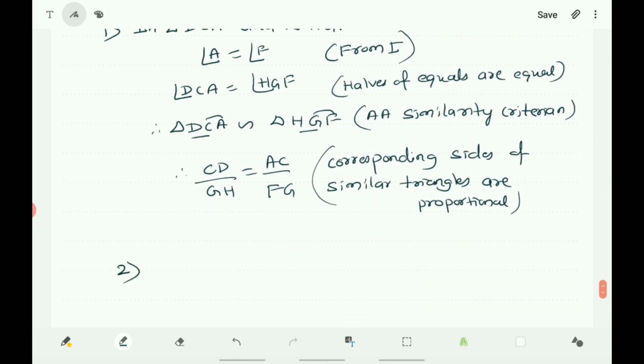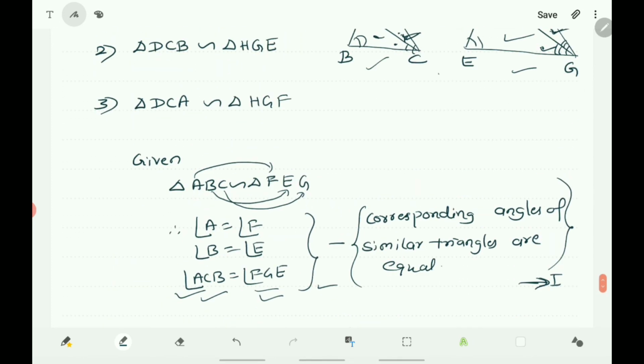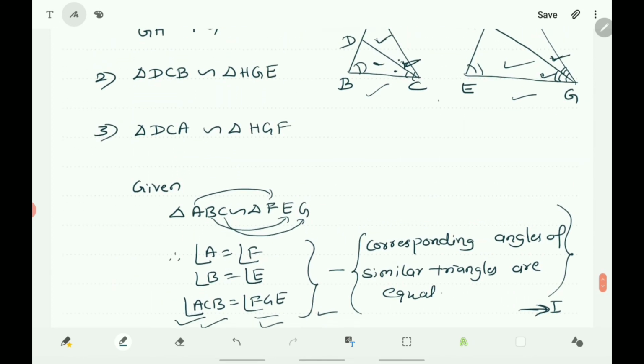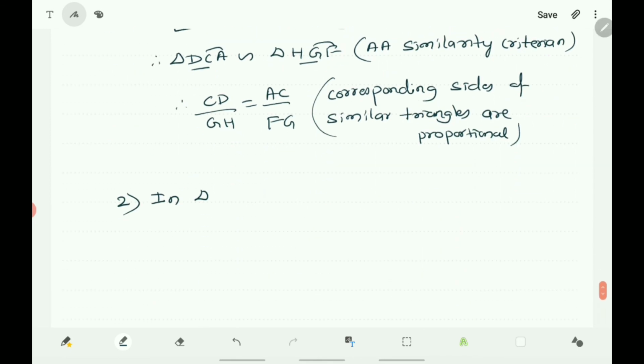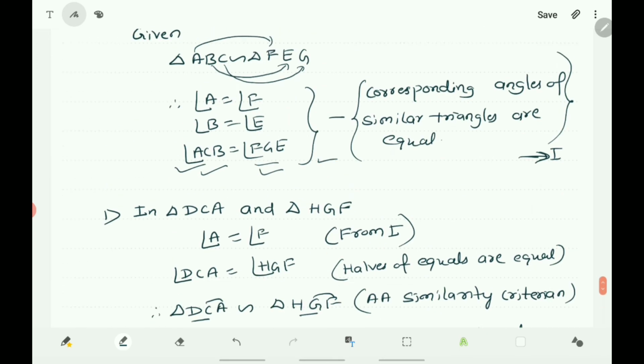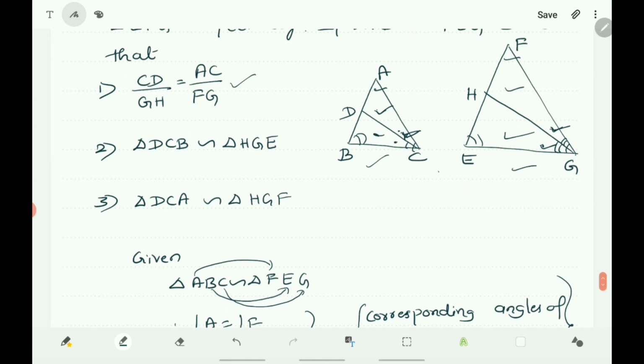In triangle DCB and triangle HGE, you know that the equal angle is angle B is equal to angle E. That is given, they are the corresponding angles of the similar triangles ABC and FEG.